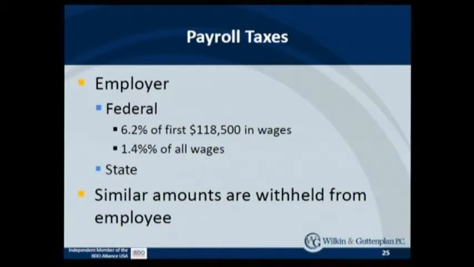And then 1.45% is what we call the Medicare tax. Again, that's 1.45% paid by the employer and 1.45% paid by the employee on an unlimited base of wages. Okay, so these are the two main payroll taxes in the US. States have their own payroll taxes, but those tend to be much smaller dollars.